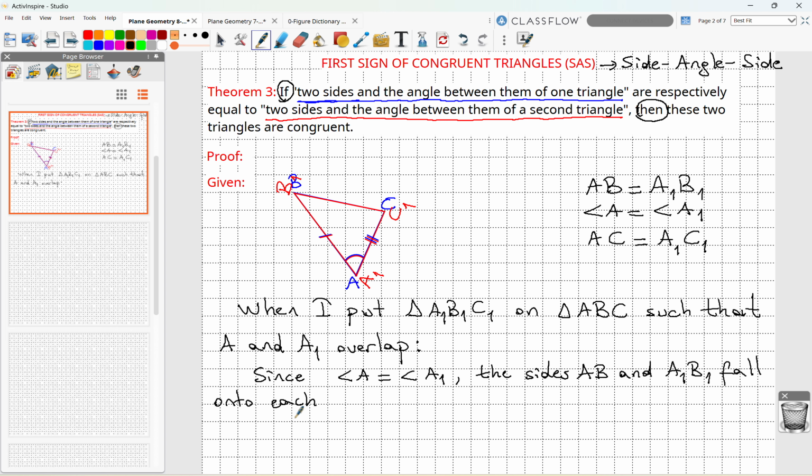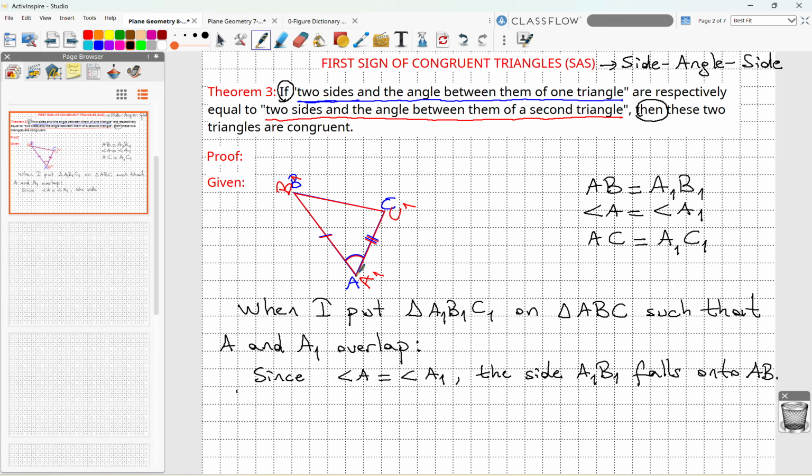Actually, A1B1 falls onto AB. Let me write it that way, I apologize. The side A1B1 falls onto the side AB.